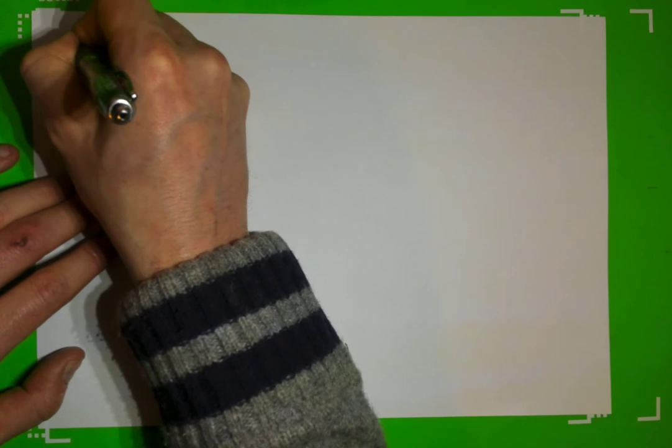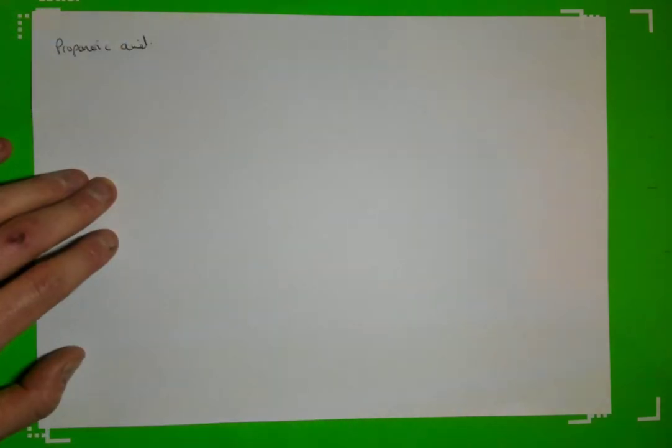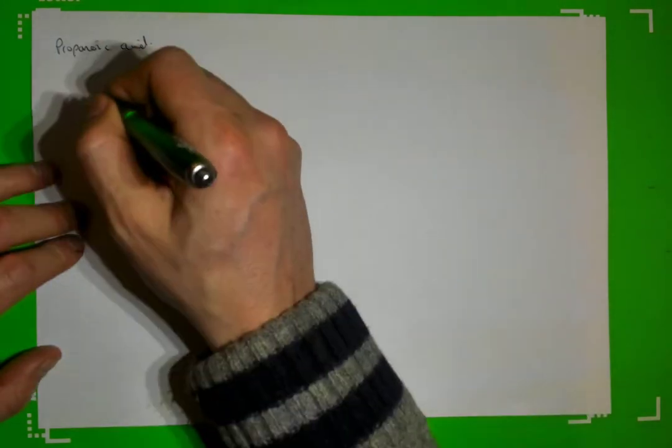So the next one that we're going to have a look at is propanoic acid. So I'm going to go straight in at drawing the splitting pattern of the proton NMR.